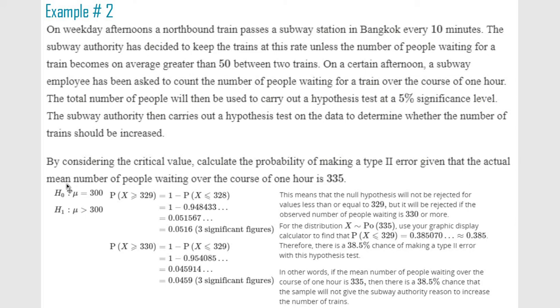I'm so silly. There are too many numbers going around. Okay, so if the mean number of people is 335, then there is a 38.5% chance that the sample will not give the subway authority reason to increase the number of trains. Again, I hope that makes sense.